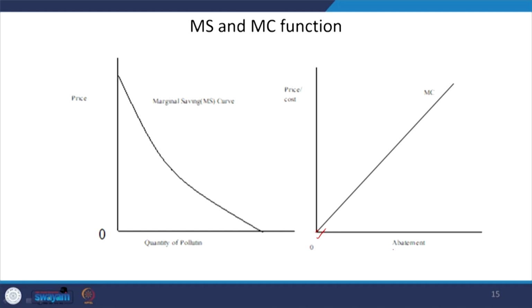Here we are measuring the abatement on the horizontal axis and the price on the vertical axis. Likewise, the marginal saving function has a negative slope when measuring the quantity of pollution. See, the unit of measurement is different here. Here we are measuring the quantity of pollution, whereas there we are measuring the abatement, that is, how we are abating or reducing the pollution itself.